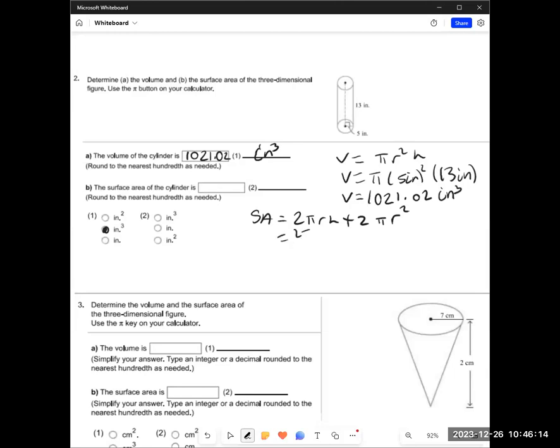So 2 pi times 5 times 13 plus 2 pi times 5 squared is about 565.49, and this is going to be square inches.